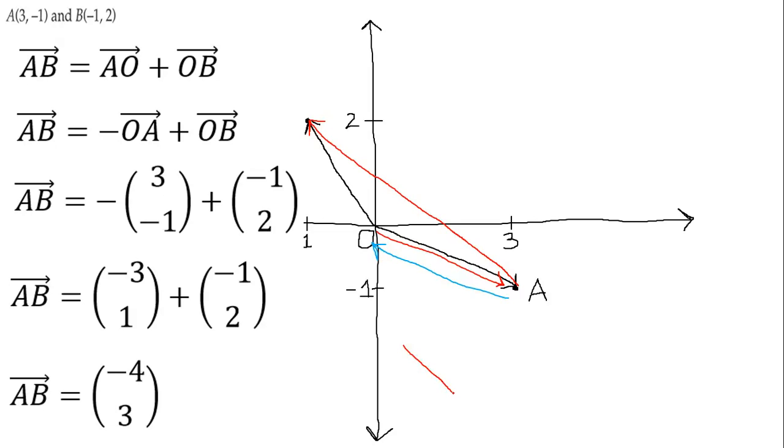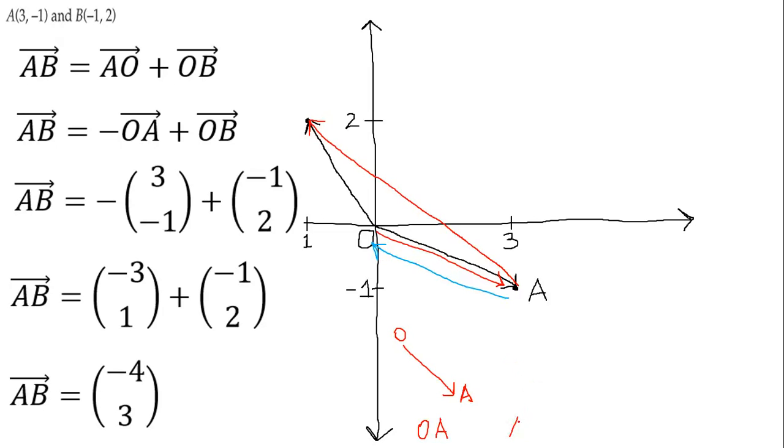The vector OA would look like this. That's the vector OA. So what if I say, okay, now I want you to draw the vector AO?